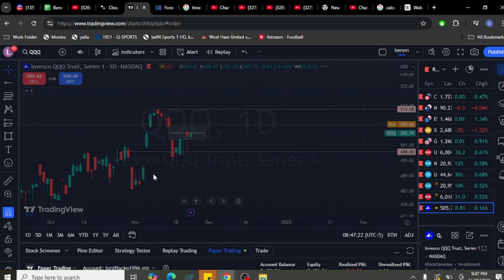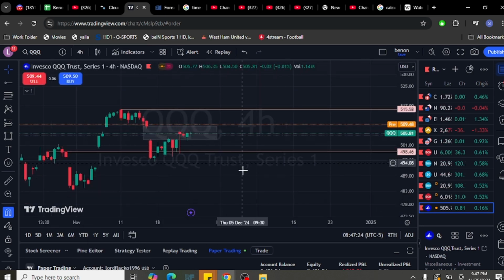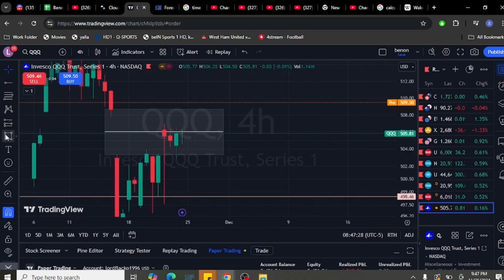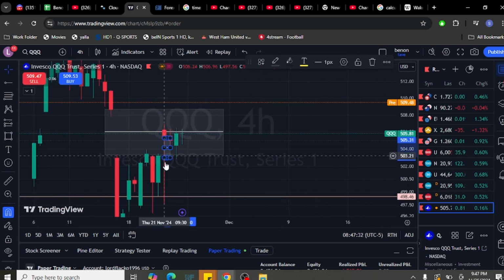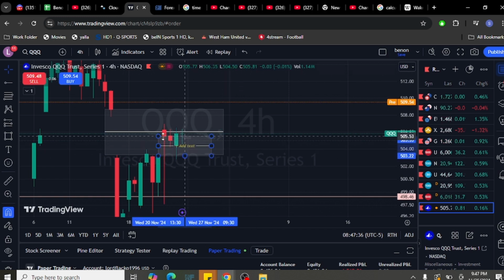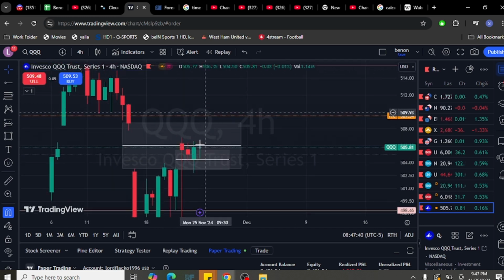Let's see what we did. Ooh, this is nice, this is nice. So we've already tested this gap, so we are in the middle. If I'm taking a trade right here, I'm probably in longs rather than shorts because we already closed above 50% of this gap.